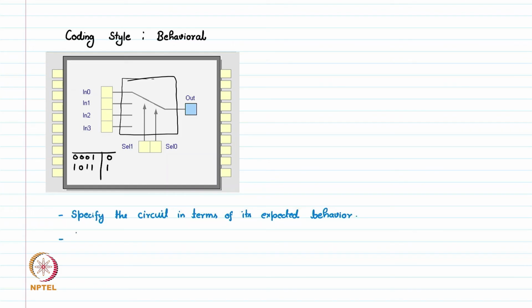This is very close to the natural language description. For example, if we want to verbally specify the specification of a module, this is how we do it, that output should become 1 for this, and output should become 0 for this. So, this is how we actually define it in natural language.